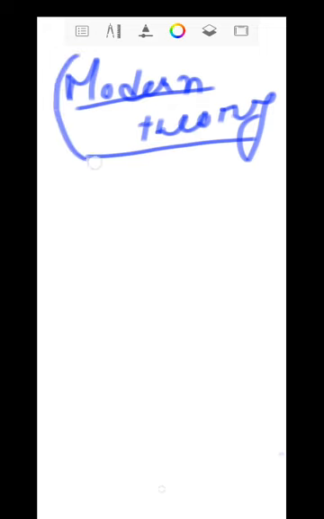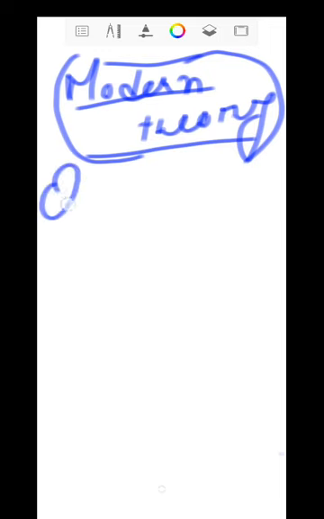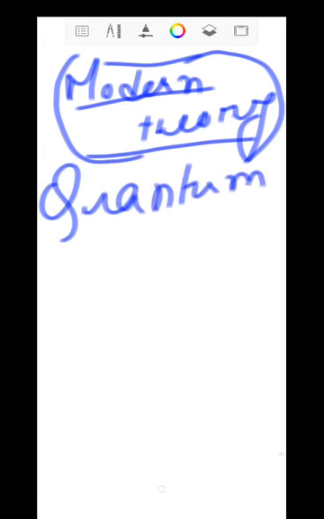So according to the modern theory, light exhibits the properties of both waves and particles depending on the situation it is in. Depending on that, the light shows the nature. This modern theory of light is called the quantum theory of light.